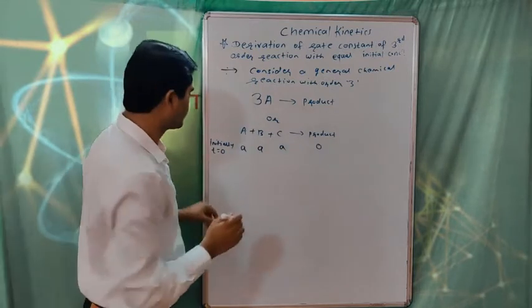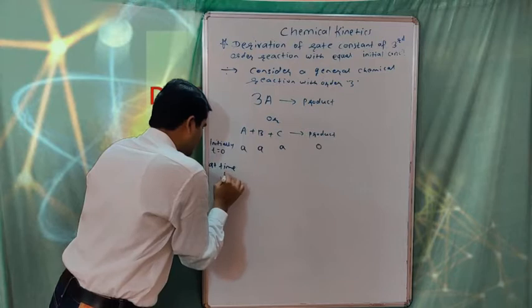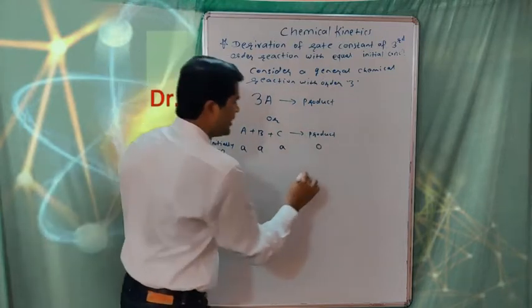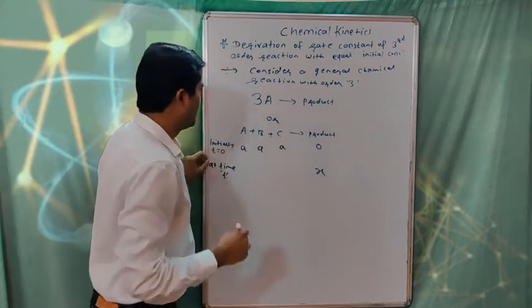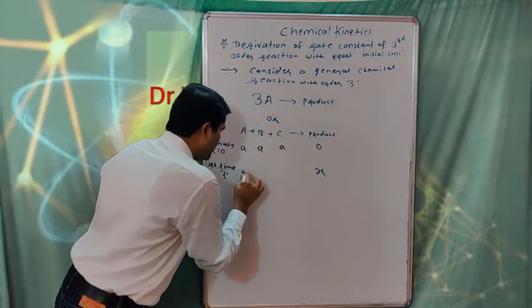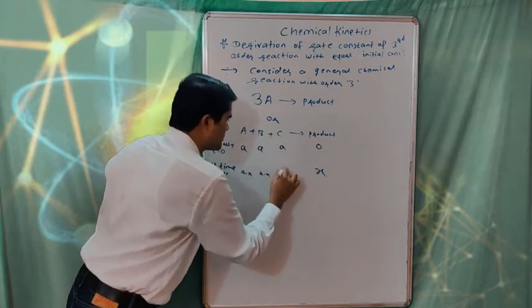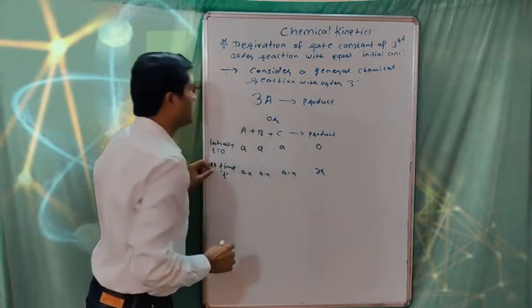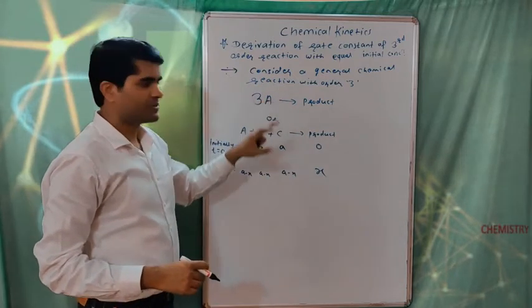At time t, let x be the concentration of product. Then concentration of A is a minus x, concentration of B also a minus x, and concentration of C also a minus x. Similarly, here also 3 times a minus x into a minus x into a minus x.